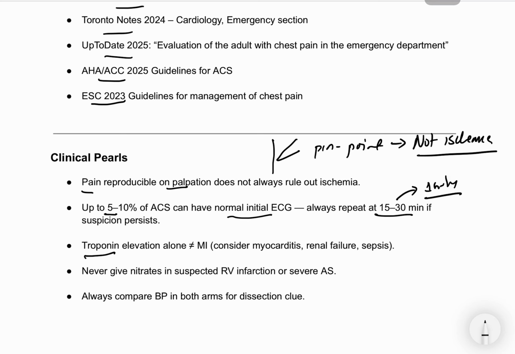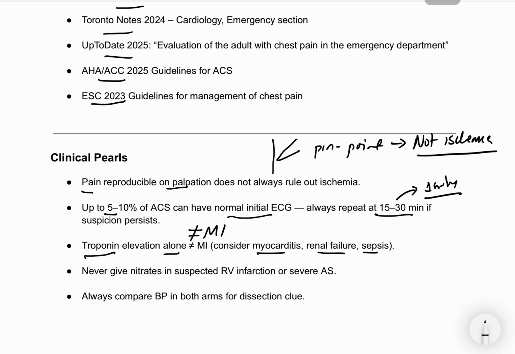Troponin elevation alone is not equal to MI. Okay, there are hundreds of other causes which can increase troponin, like myocarditis, renal failure, sepsis. So history is important.